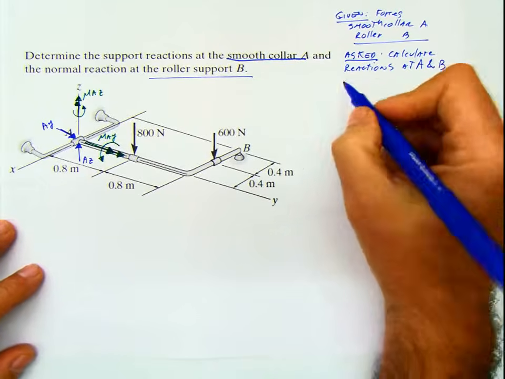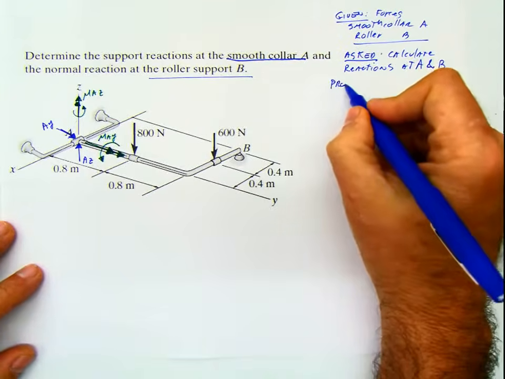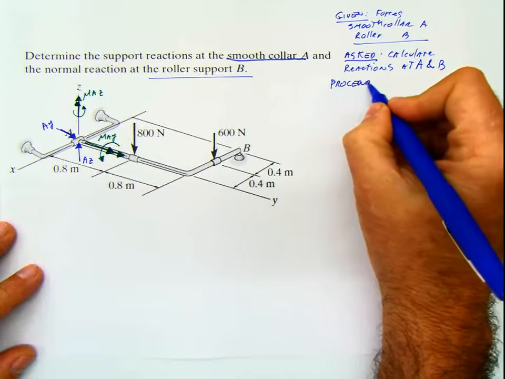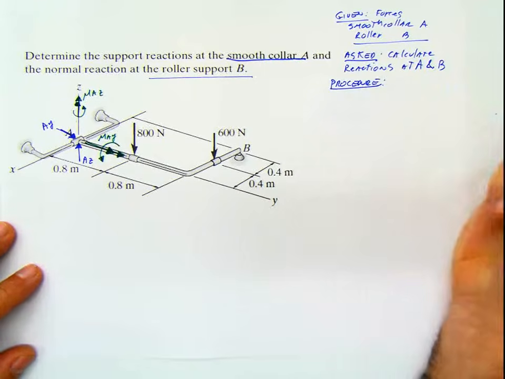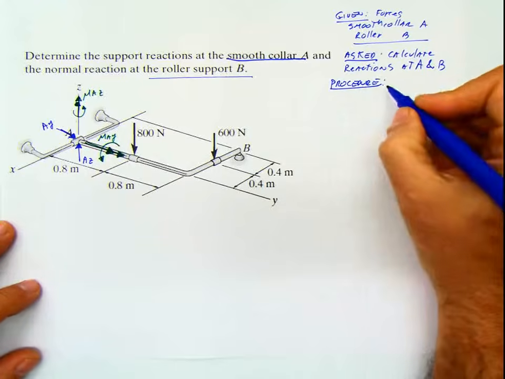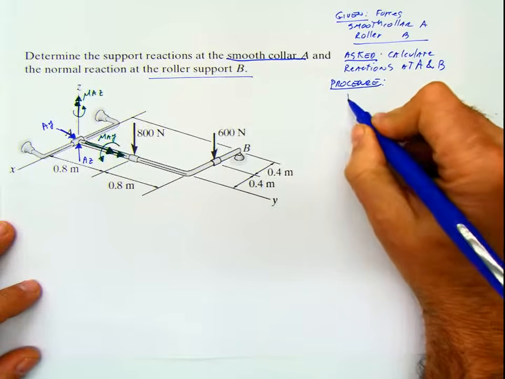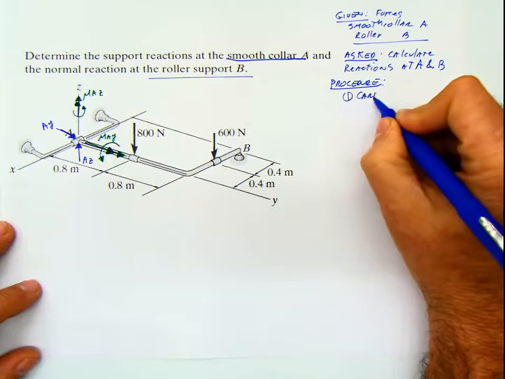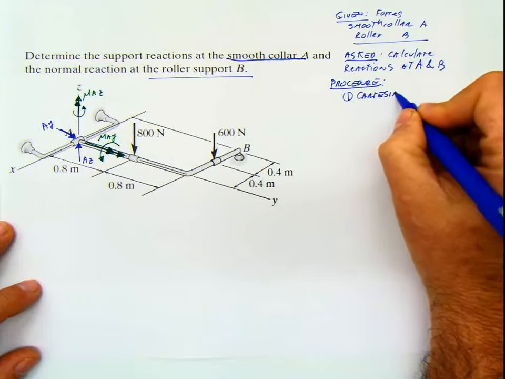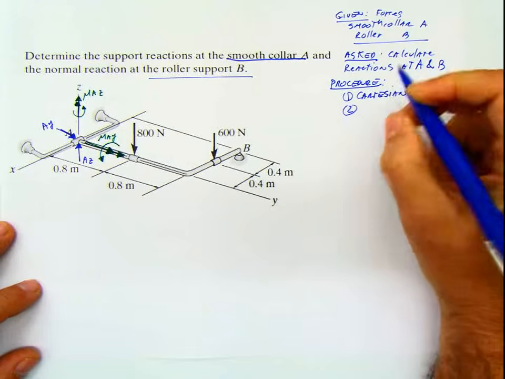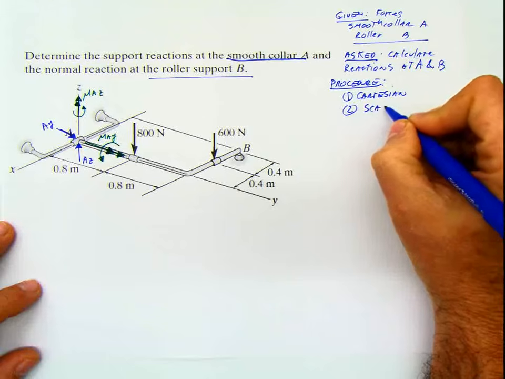How are we going to do this? Well, this problem I want to solve in two different ways. The first way, I'm going to use the Cartesian approach. And second, I'm going to use scalar equations.